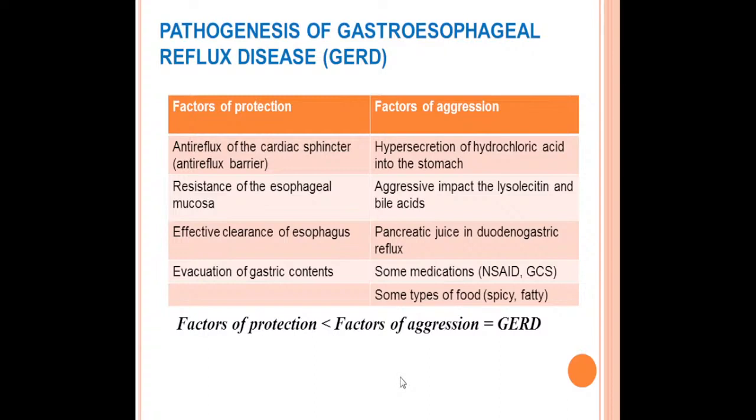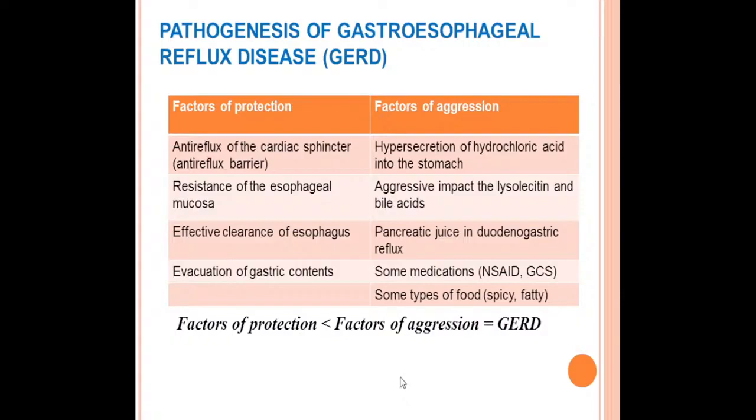Factors of protection and factors of aggression are balanced in this scheme. Factors of protection are the anti-reflux function of the cardiac sphincter, the anti-reflux barrier, resistance of the esophageal mucosa, effective clearance of the esophagus, and evacuation of gastric contents.